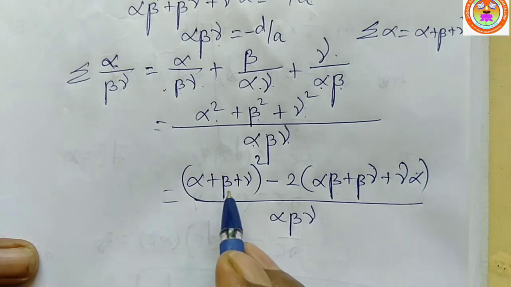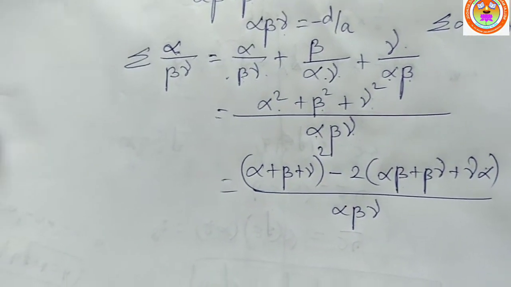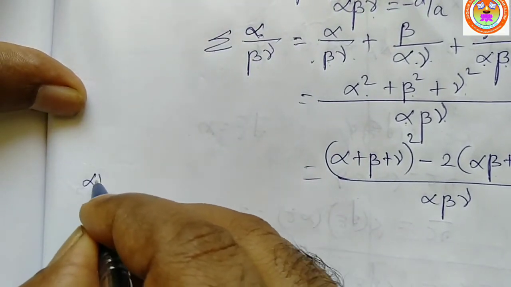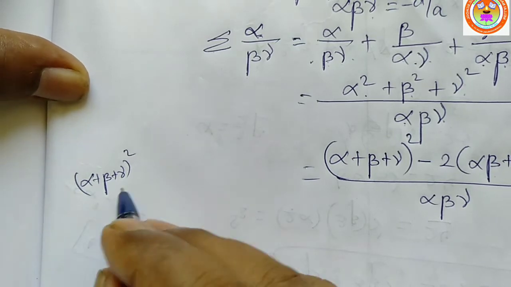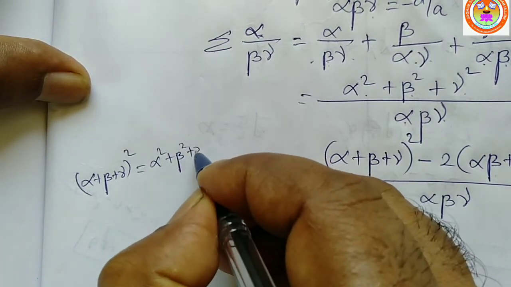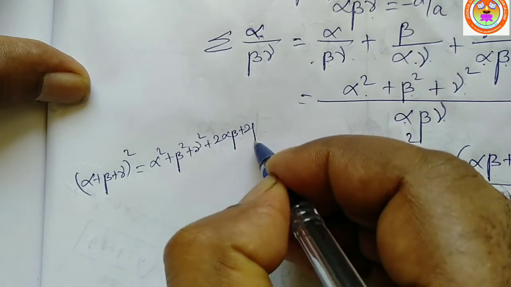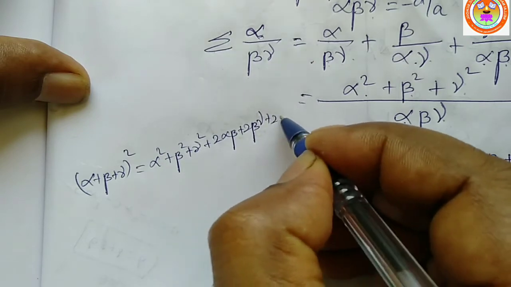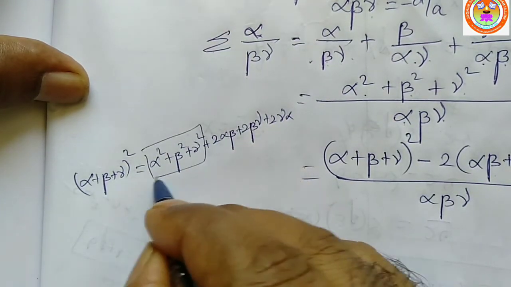See the explanation of this one. If you are taking alpha plus beta plus gamma the whole square, if you are expanding this, we will get alpha square plus beta square plus gamma square plus 2 into alpha beta, 2 into beta gamma plus 2 into gamma alpha. We want these 3 terms.